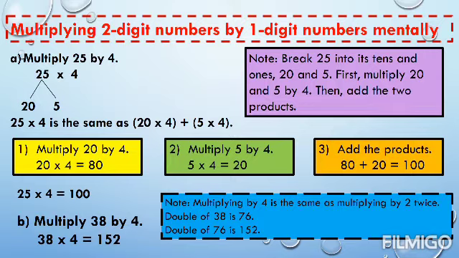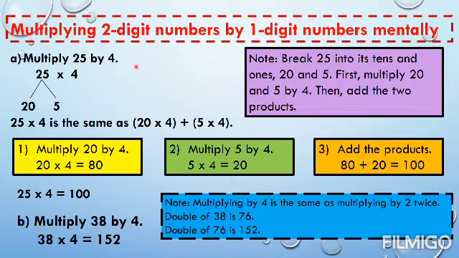The first one: we are going to find the product of 25 by 4. In this way, we will be breaking 25 into its tens and ones, 20 and 5. First, we multiply 20 and 5 by 4. Then we add the two products.